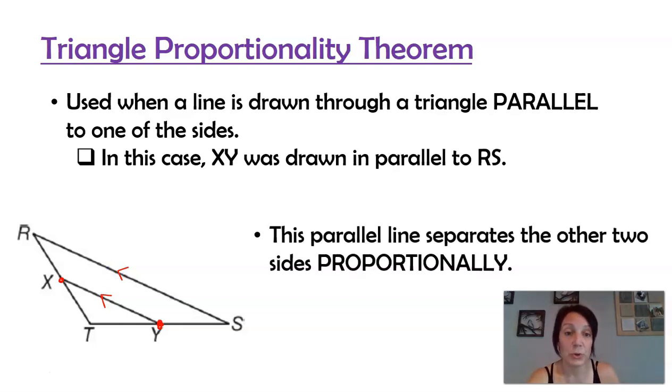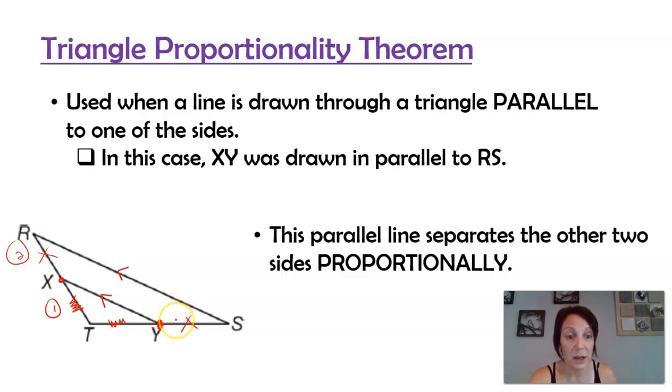Okay. The proportion is this. Doesn't matter where you draw this line, if you draw it parallel to a third side, then this side gets cut into chunk number 1 and chunk number 2. There's a proportion here that matches the same thing that happens on the other side.